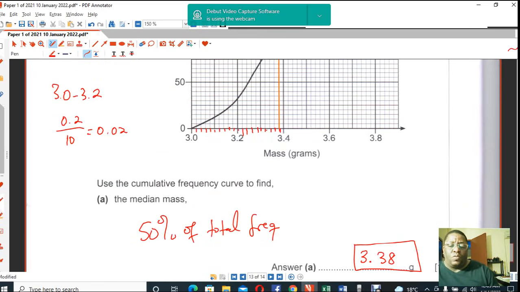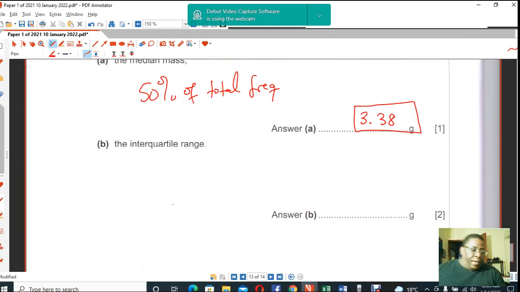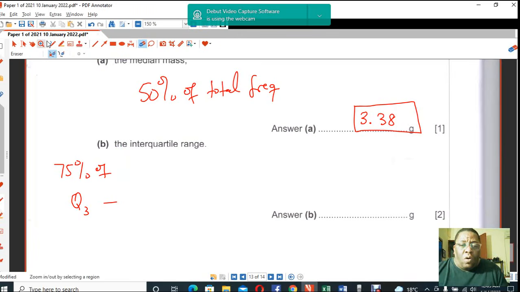Okay, and then if you want to find the interquartile range, the IQR, you must find what is 75% of the frequencies, which is your 3/4, of the total frequency.